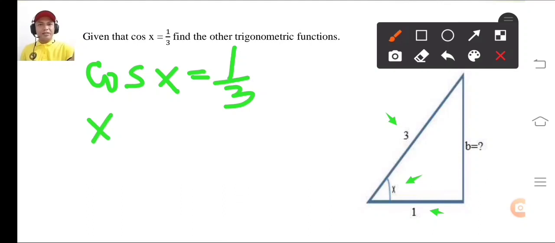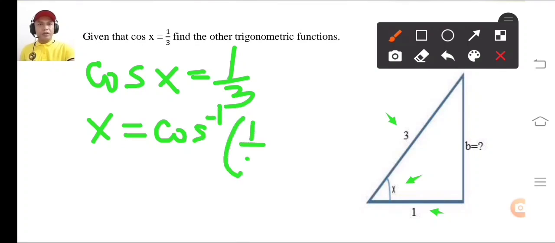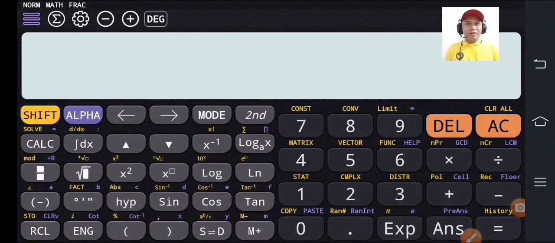So x is equal to cosine inverse 1 over 3. In doing this, we can make use of a scientific calculator.